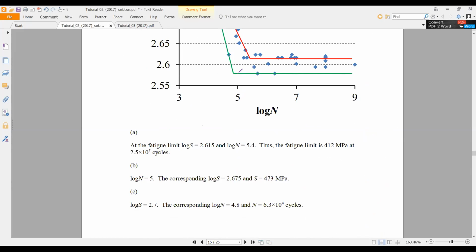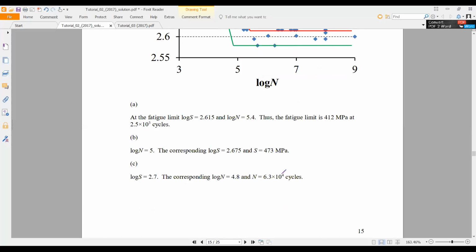Because if you get the green color, it is the endurance limit reached below 5. If you got the green color curve, you will get the same answer in here. This value is gotten from the red color one. They provide the stress here. So if you got the stress, you can find out the number of cycles. You will get the log value, so you will need to convert to the real value.